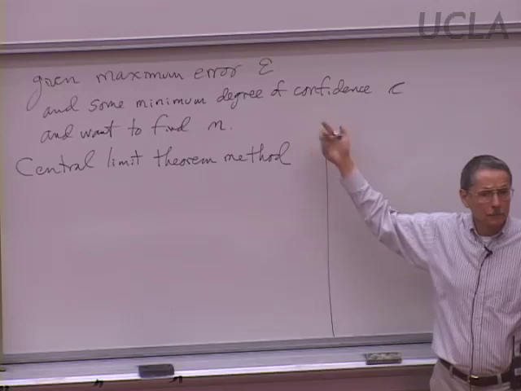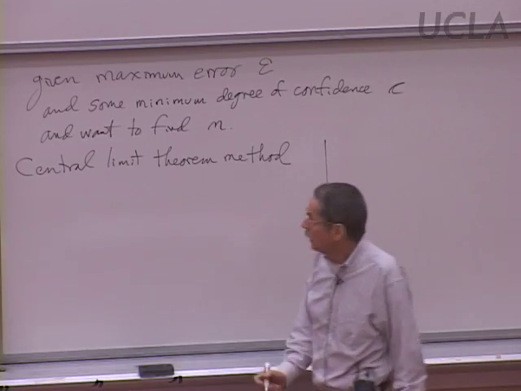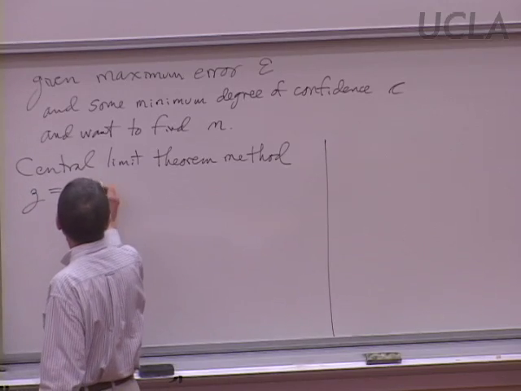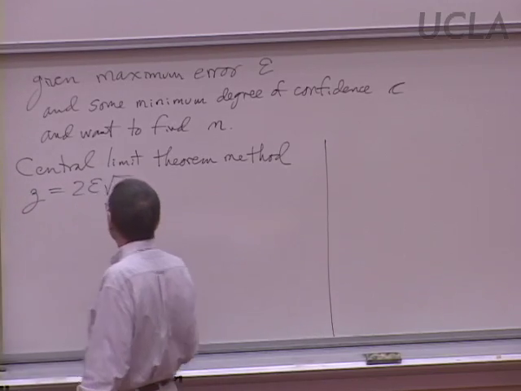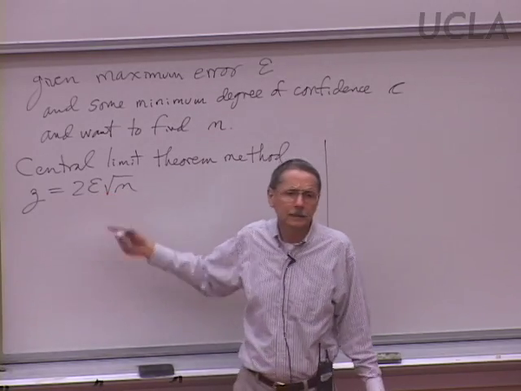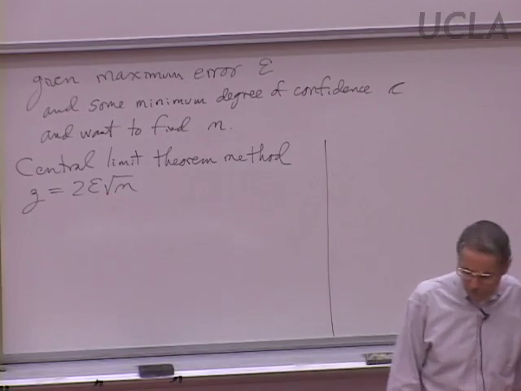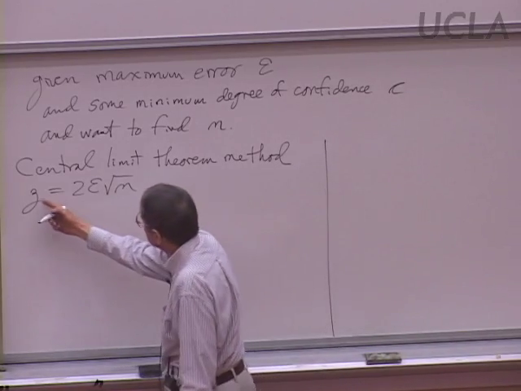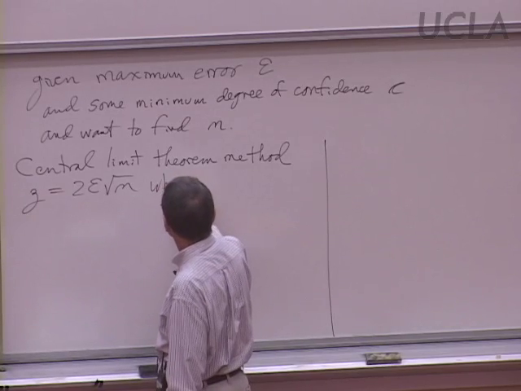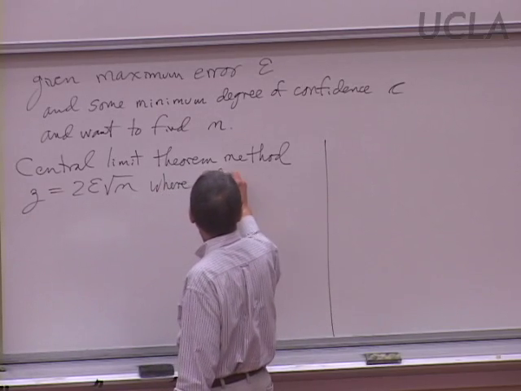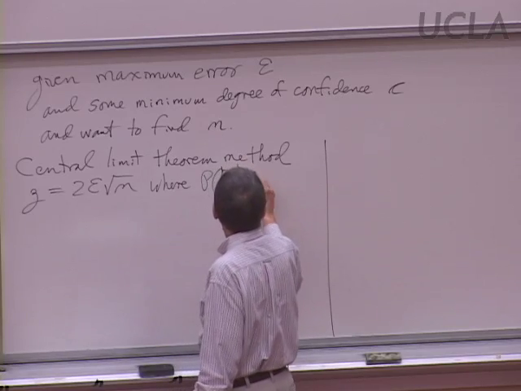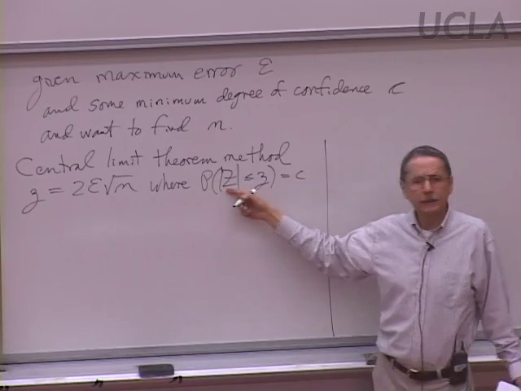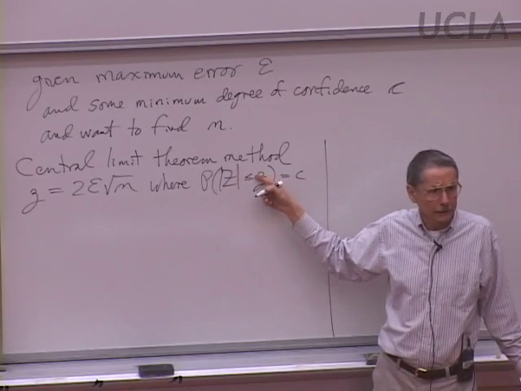It's the pill problem. To use the shortcut, we have the equation z is 2 epsilon times the square root of n. It comes from using the worst case estimate for the standard deviation, where z depends on what c is. c tells us what z value we'll need.